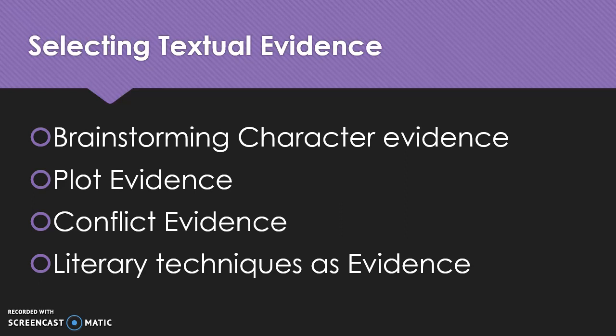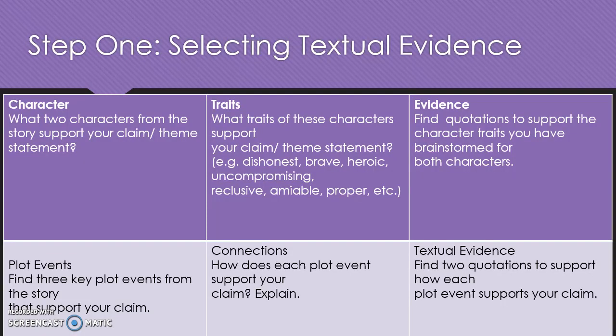And then we're going to talk about literary techniques as evidence. So step 1. On this chart, you will see we talked about the different types of textual evidence. We talked about character. If you chose to use the character, you're going to analyze a character. So what I want you to do, you could choose 2 characters.